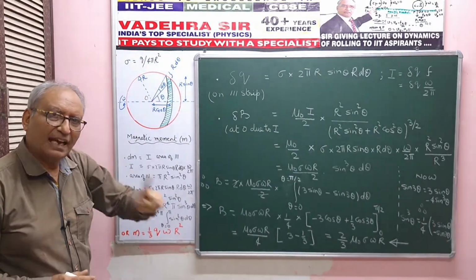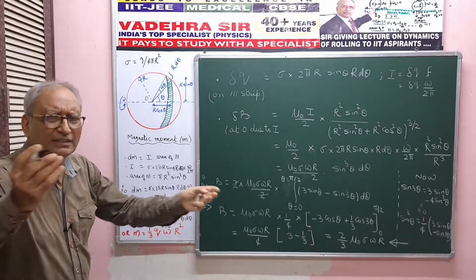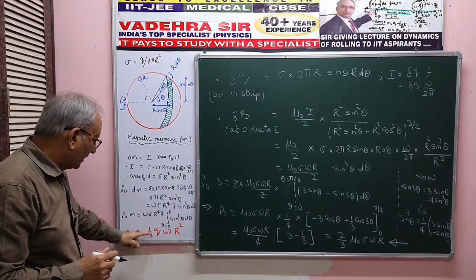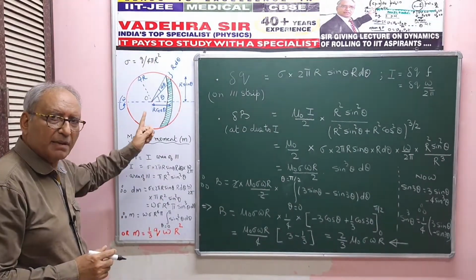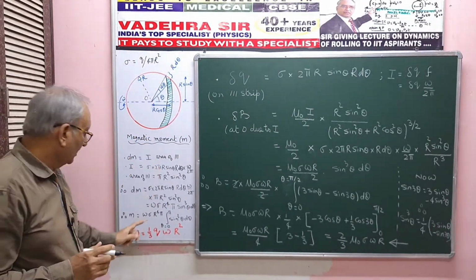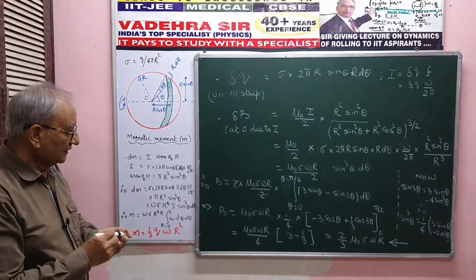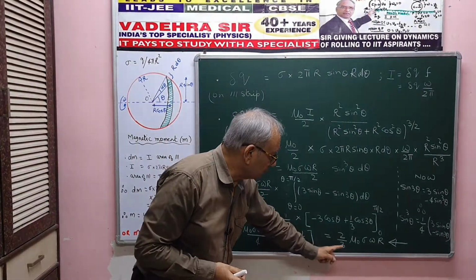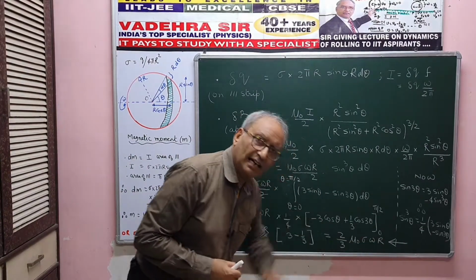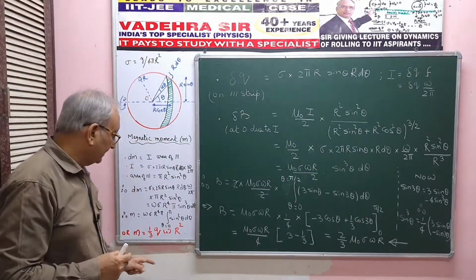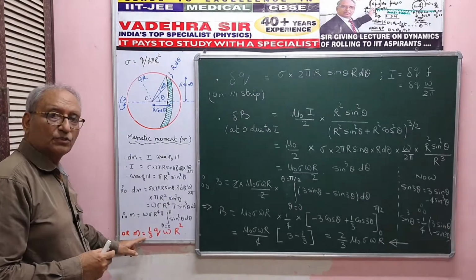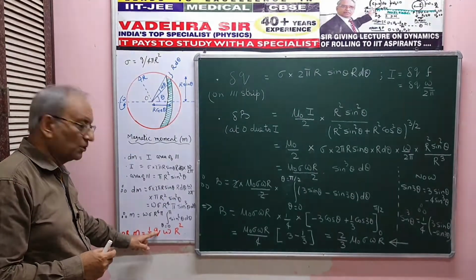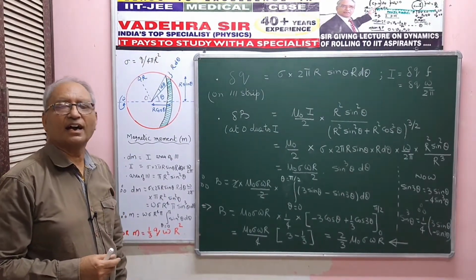One step I have jumped because of lack of space. Well, that you can do yourself. So remember, Q is sigma into 4 pi r square. So final answer: the magnetic induction is 2/3 mu naught sigma omega r, and the dipole moment is 1/3 the total charge on the sphere, that is Q omega r square.